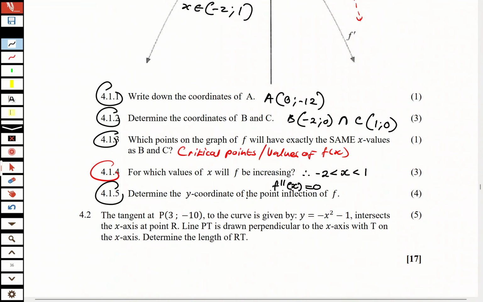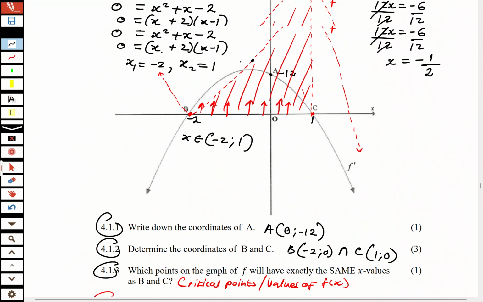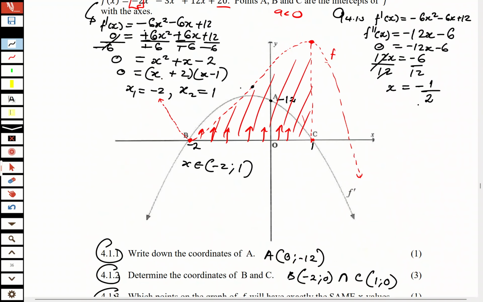This is determine the y coordinate of the point of inflection of f. This is the x coordinate of the point of inflection of f. So now we're just going to find the corresponding y value of this point of inflection. So at x equal to negative 1 over 2, what is y?